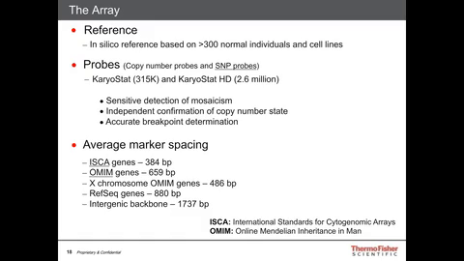One of the biggest advantages of SNP probes is that it allows detection of allele frequencies that in turn enables a more sensitive detection of mosaicism, independent confirmation of copy number state, and better breakpoint determination. As evident, the array includes genes recommended by international standards for cytogenomic arrays, Mendelian inheritance, RefSeq genes, and the intergenic backbone.